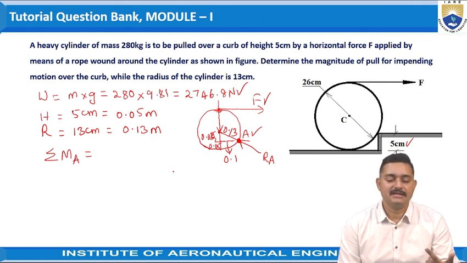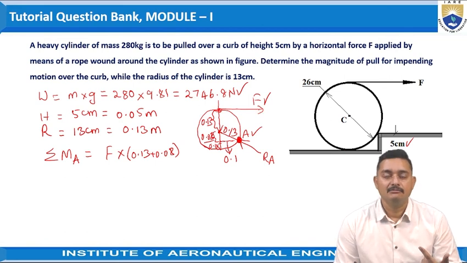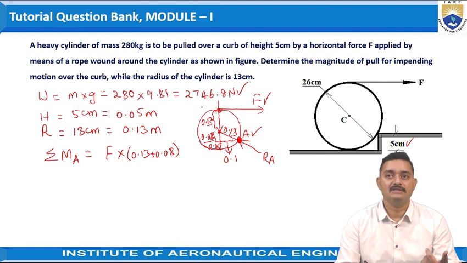The moment of force F is force into the perpendicular distance. From point A, the perpendicular distance would be 0.13 plus 0.08. This would be the moment of force F with respect to moment center A. This is the clockwise rotation, hence we can take it as a positive moment.